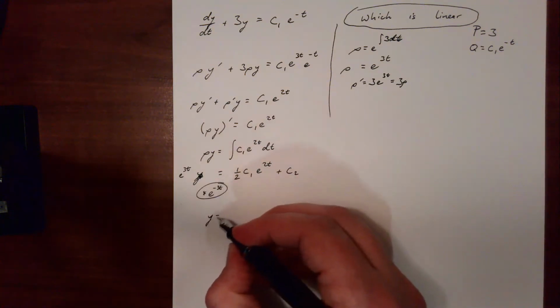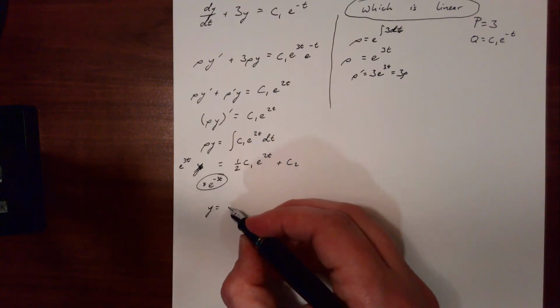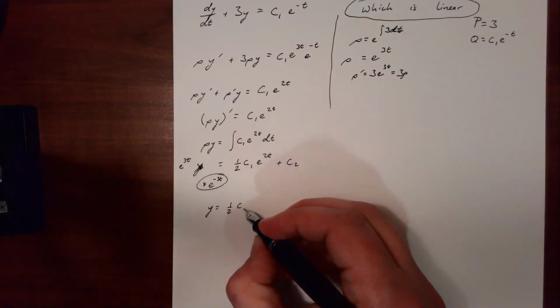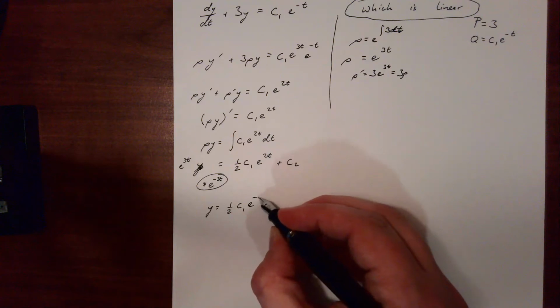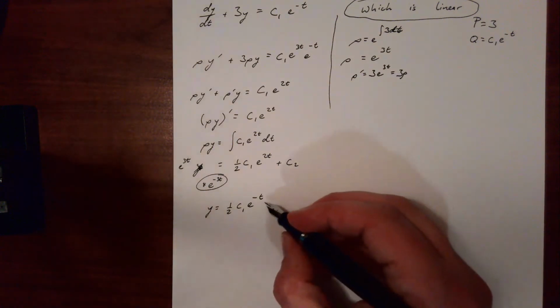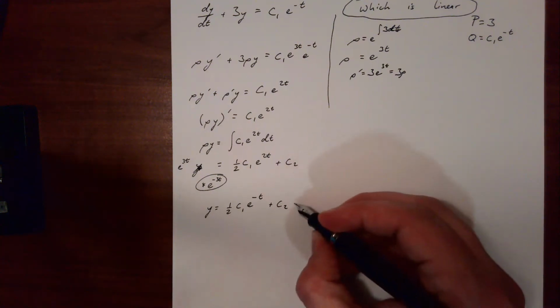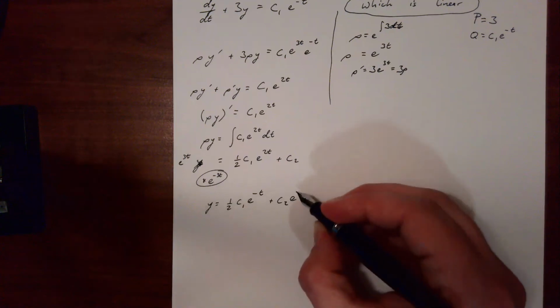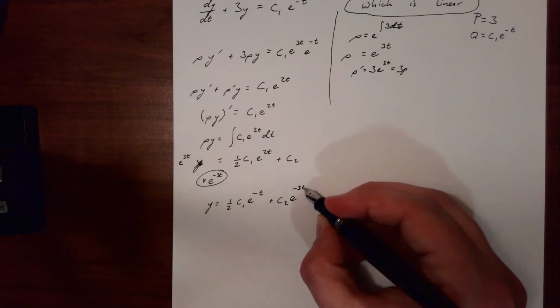So then y equals 1/2 c1. Looks like it's going to be a net of e to the negative t. So it's going to be negative 3t times e to the 2t. So that'll make negative t, and then plus c2 e to the negative 3t.